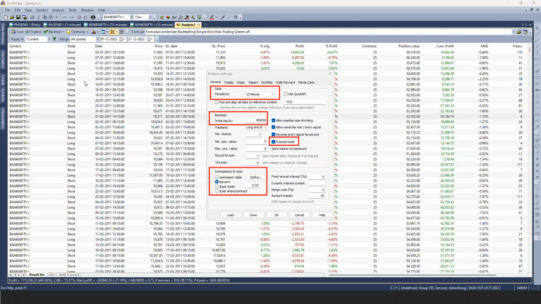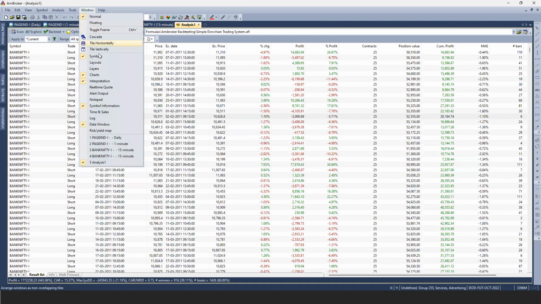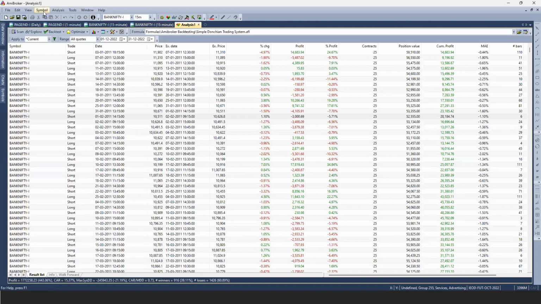Along with that, one more important thing: if I'm going to backtest in futures mode, I have to go to the Windows, and from here I'll press OK. I'll go to the Windows, to one of the very important boxes, the interpretation box. Maybe if I close it, I can go to symbol information.